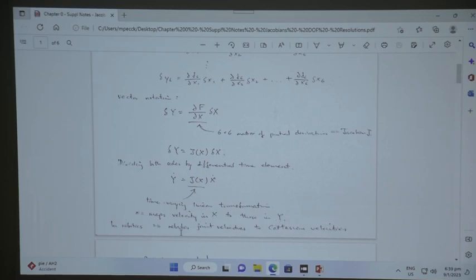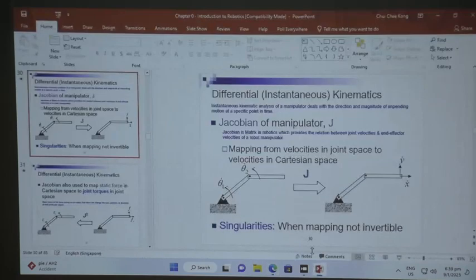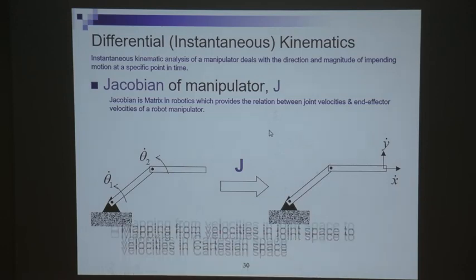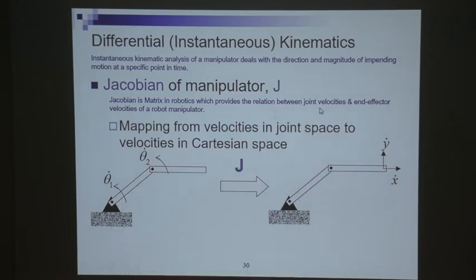In robotics, this relates the joint velocity to the Cartesian velocity. If you go back to the slides, it will be something like this. The definition of a Jacobian is a matrix that provides the relationship between the joint velocity and the end effector velocity of your robot manipulator. This is the joint velocity theta 2 dot, and this is the end effector.